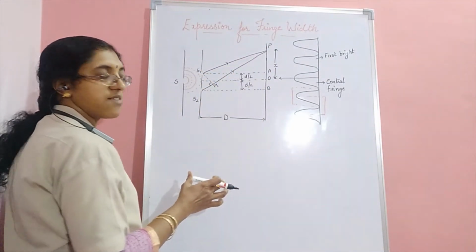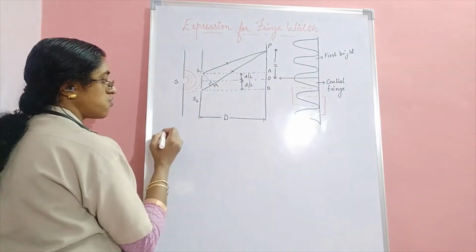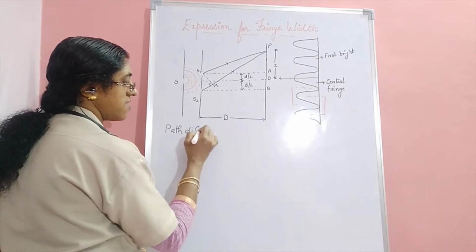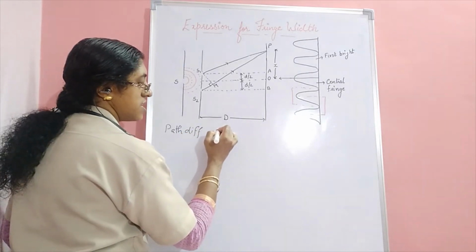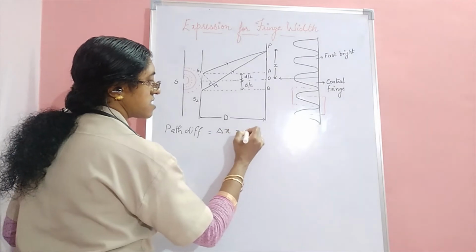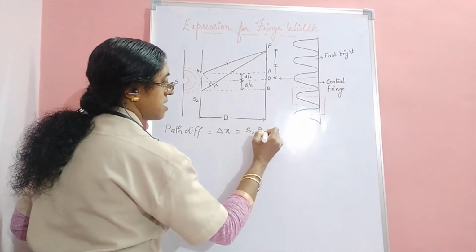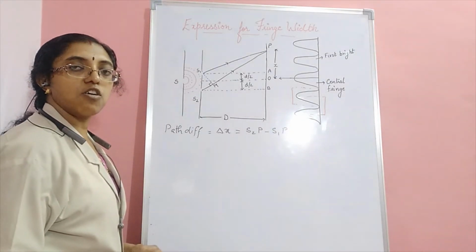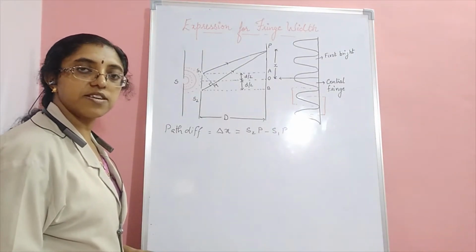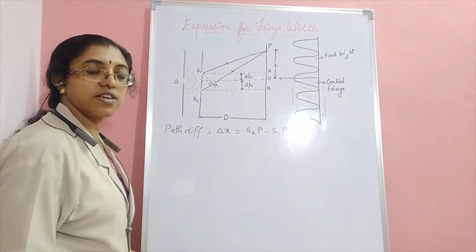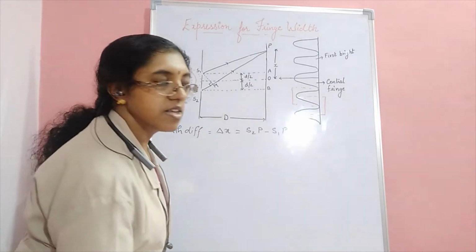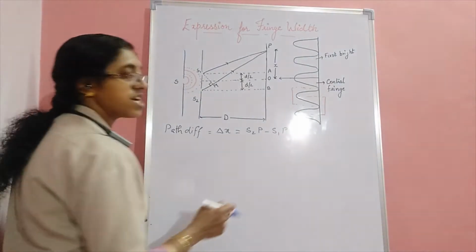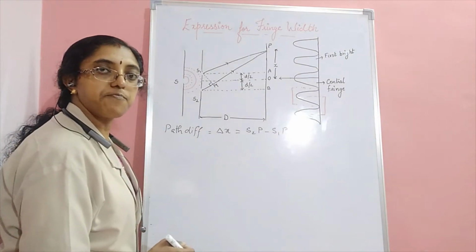The path difference is denoted by del x, which equals S2P minus S1P. We have already found the condition of path difference for constructive and destructive interference in the previous class, and we'll apply that condition here. But first we'll find S2P minus S1P.